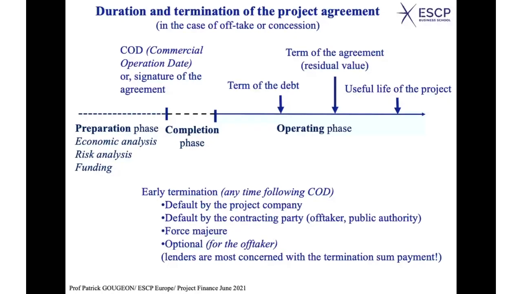or the authority might decide to put an end to the project. Force majeure is any type of event that would interrupt the project, which is under the control of no one. Don't ask me to give you an example, because I've never clearly understood what force majeure was. Because when you say this is a force majeure, you always find a lawyer telling you, no, it's not exactly a force majeure, because it's not fully independent of your action, and it's not fully out of control.